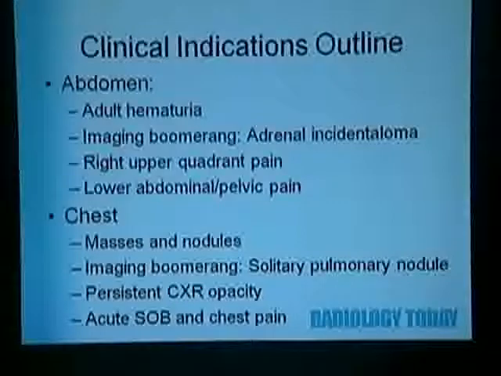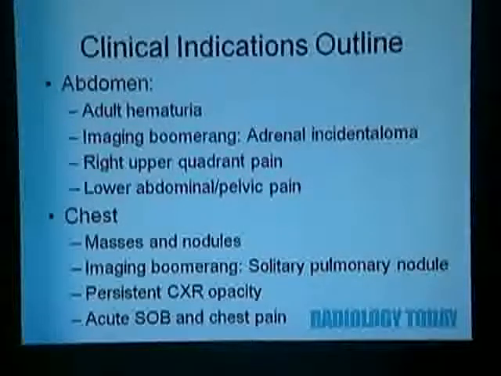So to go through some of the use of CT and these alternative modalities, we're going to use this clinical indications outline. We're mainly going to focus within the abdomen because that's my area of expertise. But we're also going to talk a little bit about the chest. We as body imagers do a lot of the imaging of the chest as well. We're going to discuss adult hematuria, and then we're going to do what I call an imaging boomerang. And the reason I call it that is because it's imaging that begets other imaging because of something incidentally found.